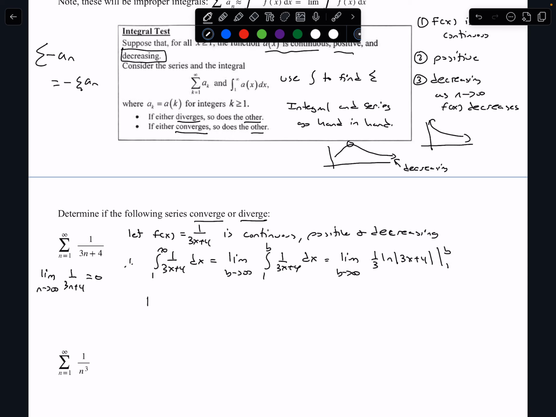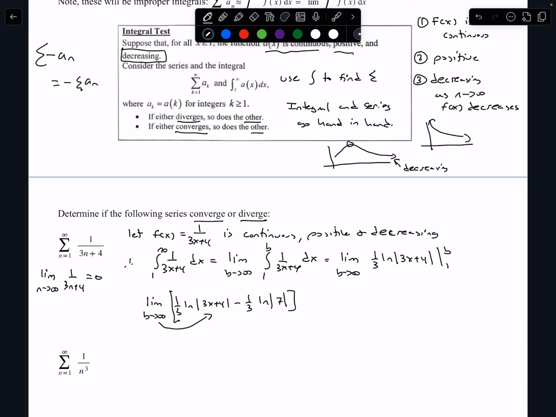Applying the fundamental theorem, we get the limit as b goes to infinity of 1/3 the natural log. Plug in the b, we get 3b plus 4 minus 1/3 the natural log. Plug in the 1, and I get 7.